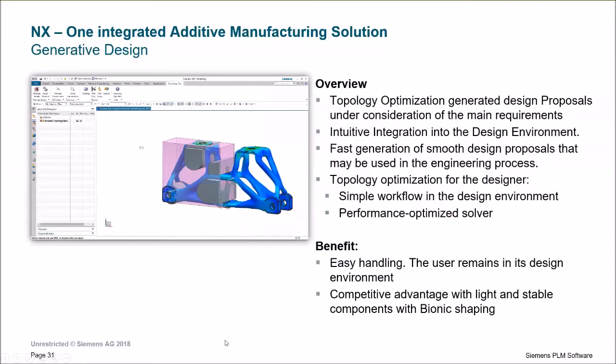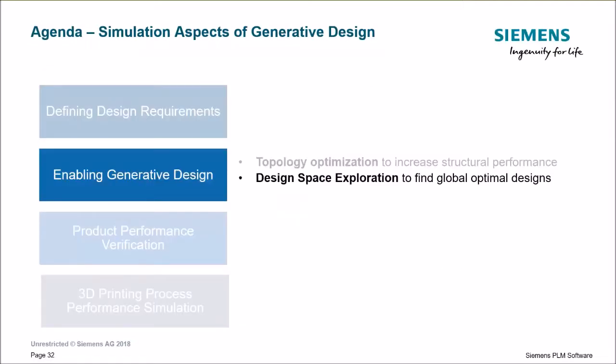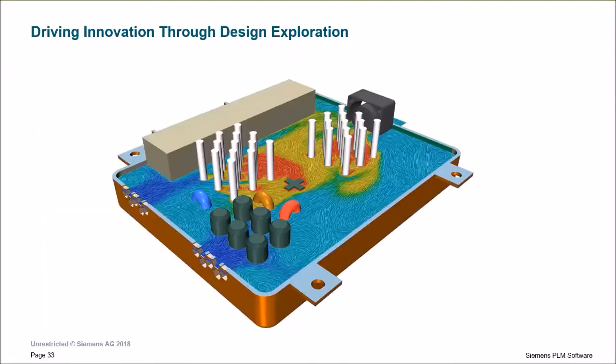What if you have more freedom to start analyzing this tool? Then in that case, you will move into a different level of optimization, which is called design space exploration. And for that, you have the possibility of expanding towards finding global optimal designs, or designs including different aspects.